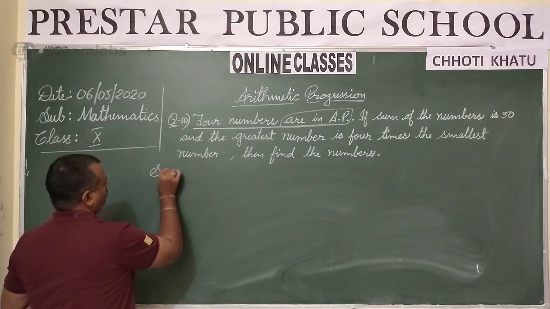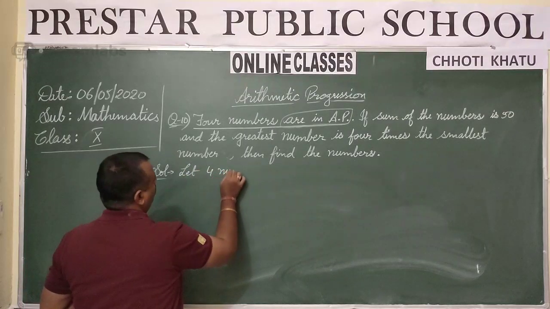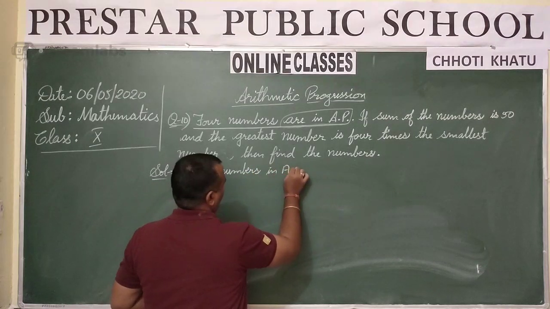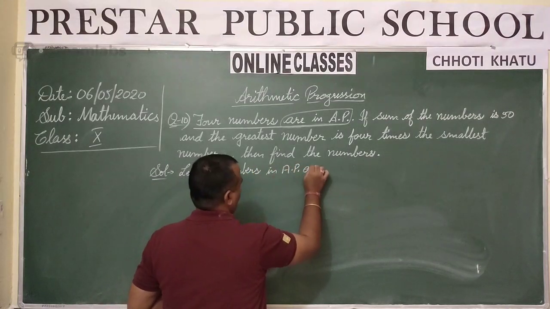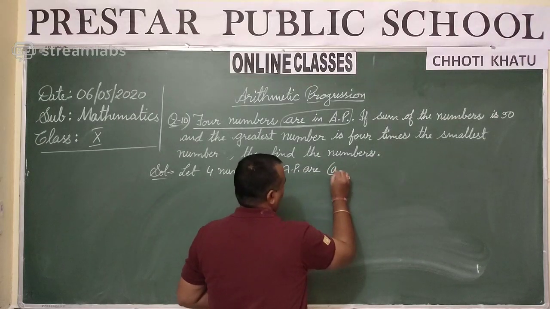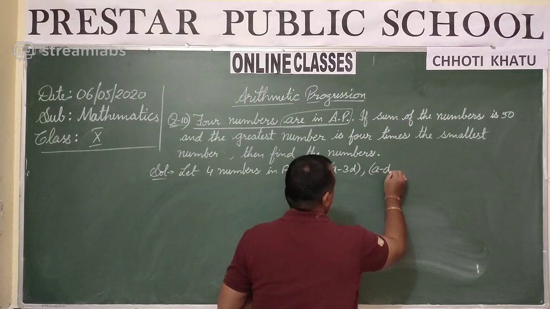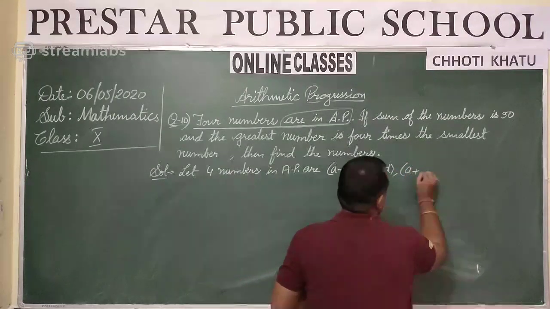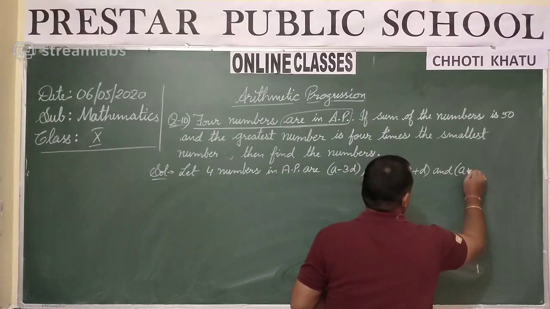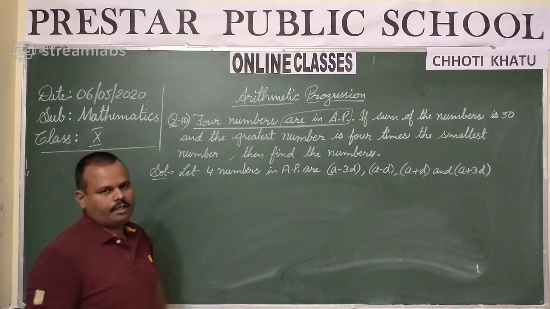The solution says, let the four numbers in AP be A minus 3D, A minus D, A plus D, and A plus 3D. So these are the four numbers which we are taking.